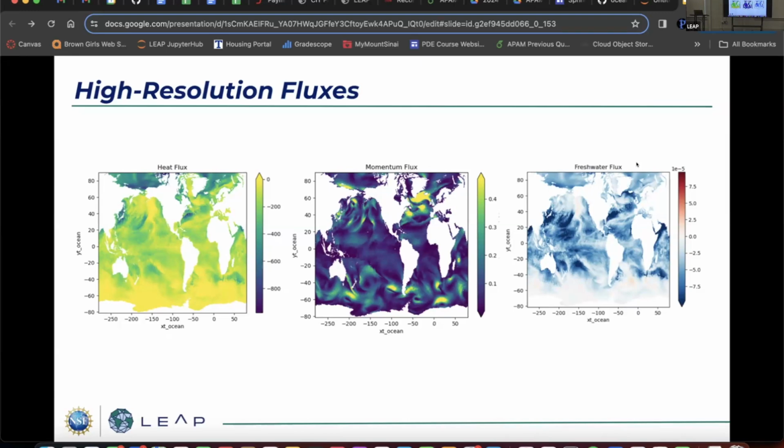That's in these areas, from what I understand, I could be wrong. Then we have the heat flux over here, and the magnitude of the heat flux is much larger in lower parts of the ocean than up here in the Arctic. And then the freshwater flux, the transfer between evaporation and precipitation, happens a lot more significantly in areas where there is not that much sea ice covering the Earth.